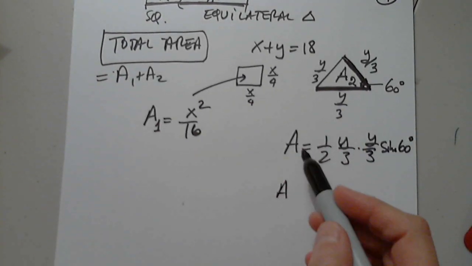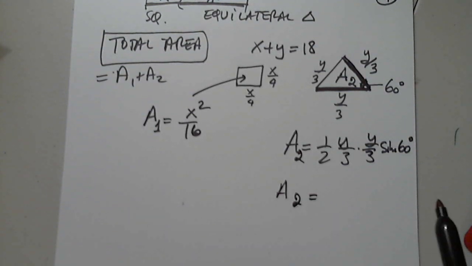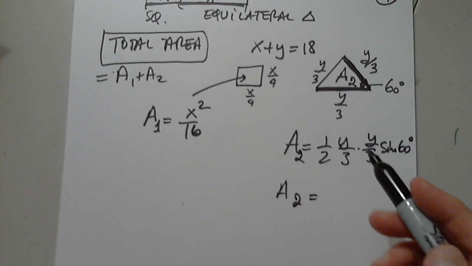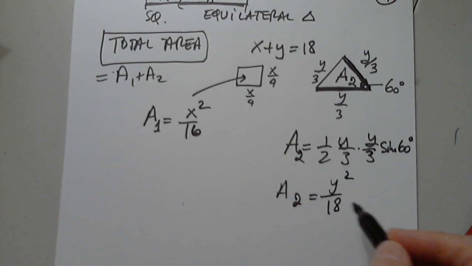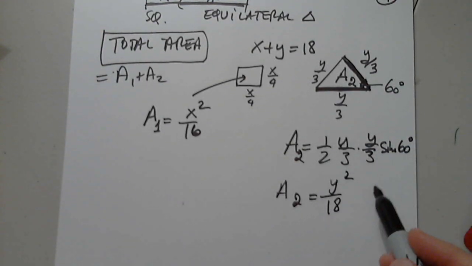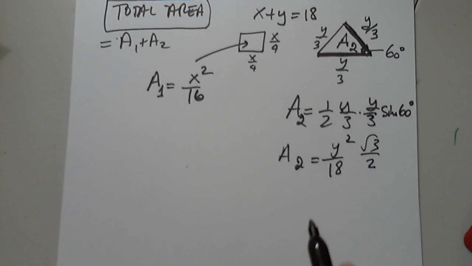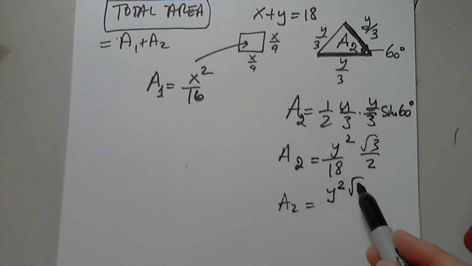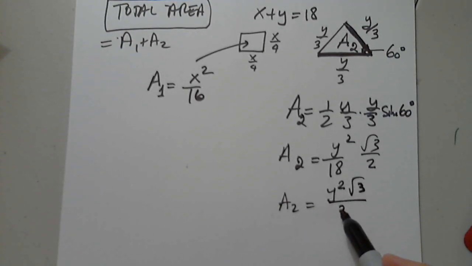So A2 will be y squared over 18, 9 times 2. And sine 60 is the square root of 3 over 2. So A2 will be y squared times the square root of 3 over 36.